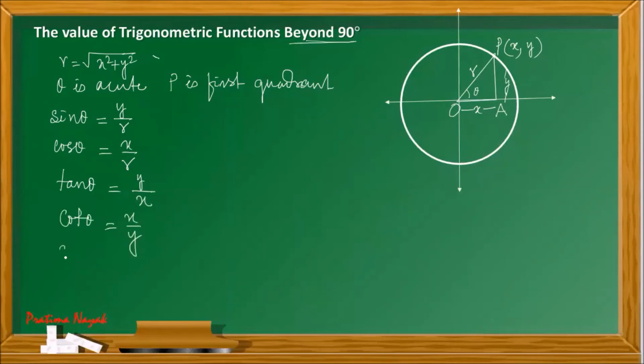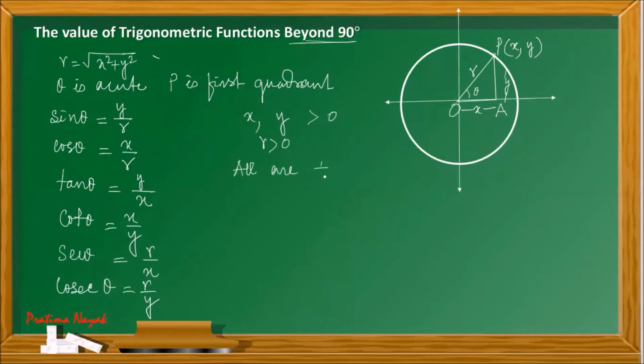Then sec theta is equal to r by x, and cosec theta is equal to r by y. Now when P is in the first quadrant, both x and y are positive, and R is always positive. So all the trigonometric ratios are positive in the first quadrant.